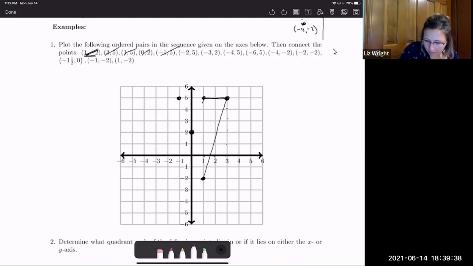And I need to connect. I'm already forgetting to connect my points here. -2, 5. Then we've got -3, 2. Then we've got -4, 5.